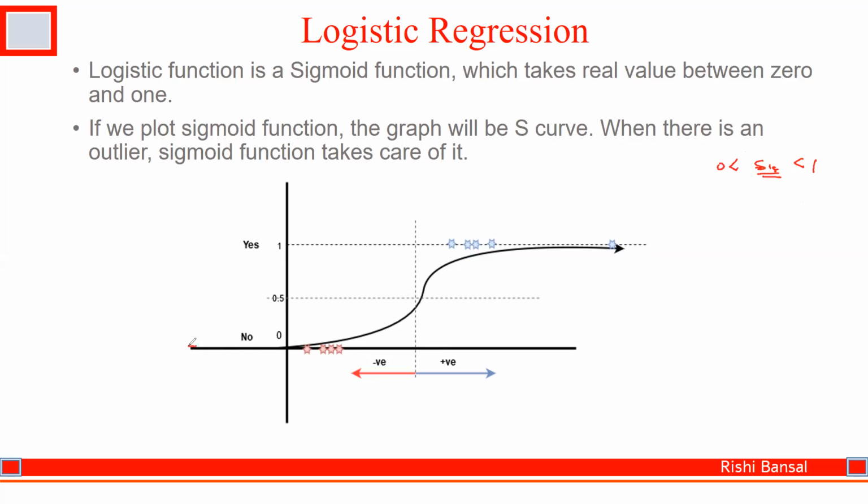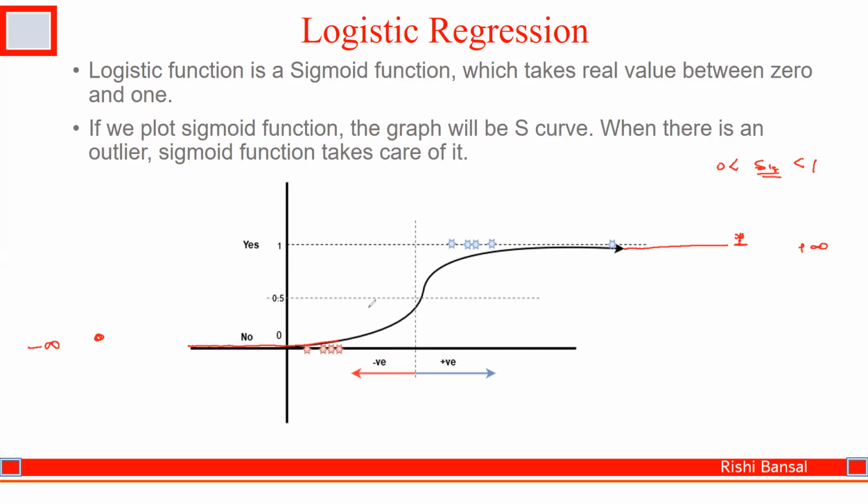As it goes to negative infinity, it comes like this. The same way, when it goes to positive infinity, it approaches the value of 1, and when it goes to negative infinity, it approaches the value 0. So this is your sigmoid function.